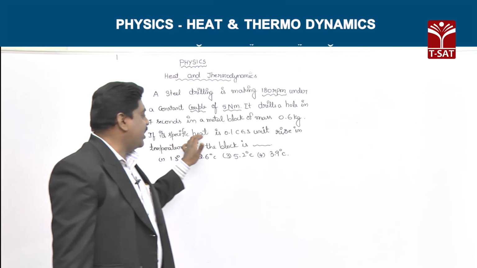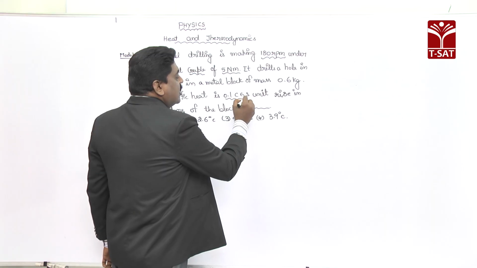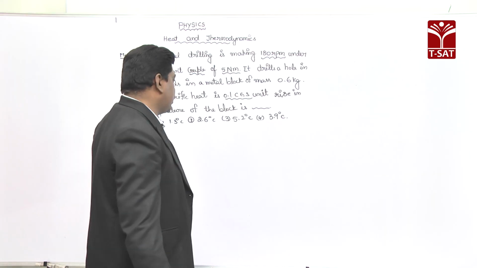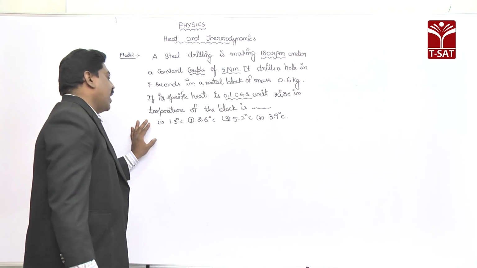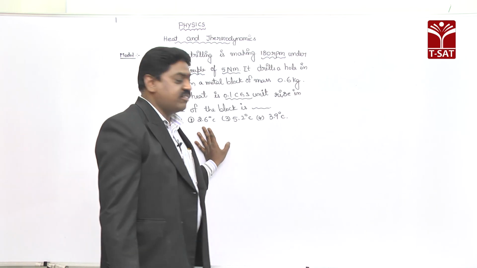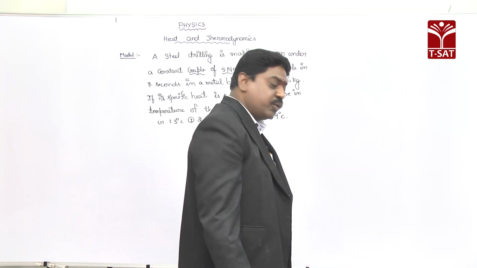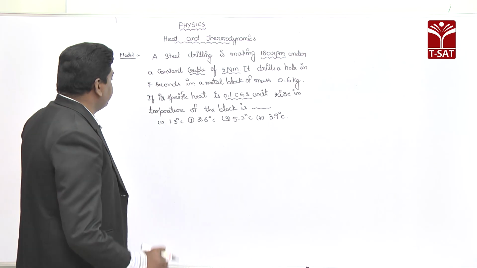If its specific heat is 0.1 CGS unit, we are given specific heat in CGS units. The rise in temperature of the block is, and the options given are 1.3 degrees Celsius, 2.6 degrees Celsius, 5.2 degrees Celsius and 3.9 degrees Celsius.